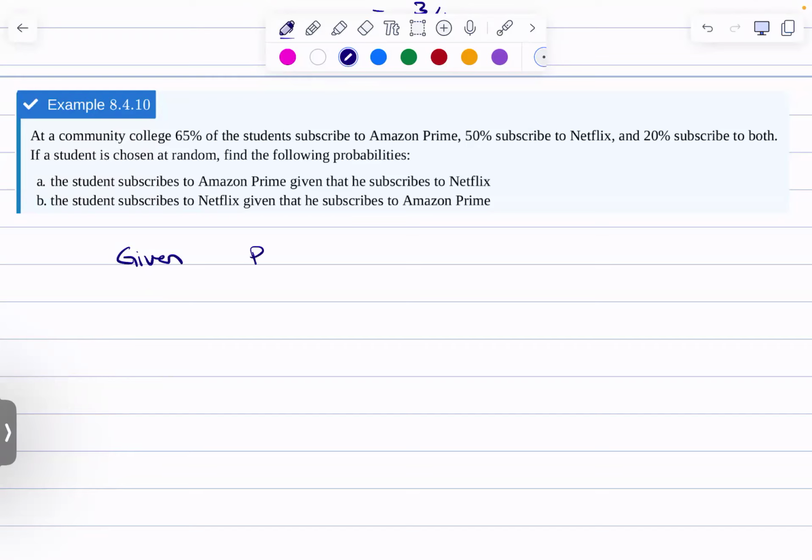You could get it from the Venn diagram, right? Knowing that they're in the Netflix circle puts you at 0.5 total. What's the probability that they're in the P circle as well? 0.2 over 0.5. But kind of tricky. Nice, 0.4.